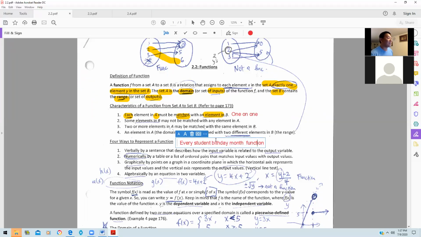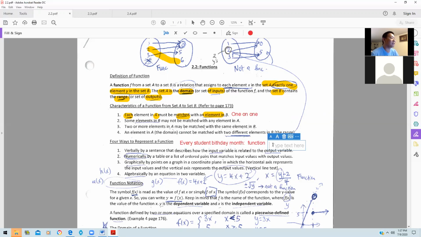Why I say this is a function is because you only have 1 birthday month, right? For example, if I pick Josh, maybe Josh's birthday is in June. You only got 1 birthday month. You cannot say, oh, my birthday falls in June and August. Then everyone will look at you, right? So this is considered a function because every X has 1 Y. Every student has 1 birthday month.